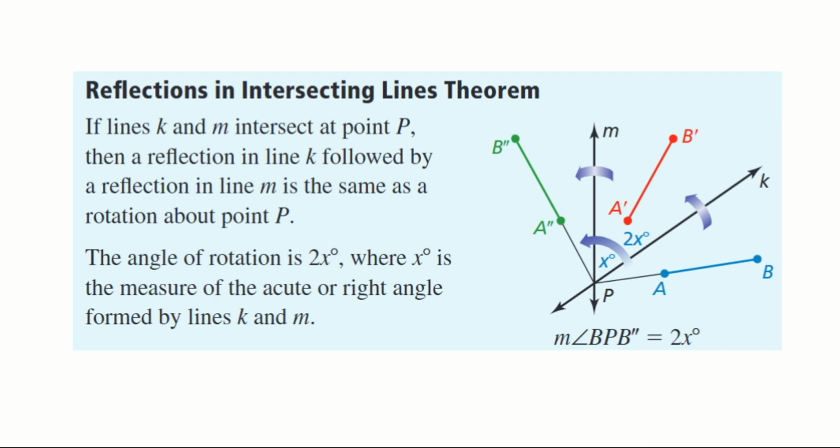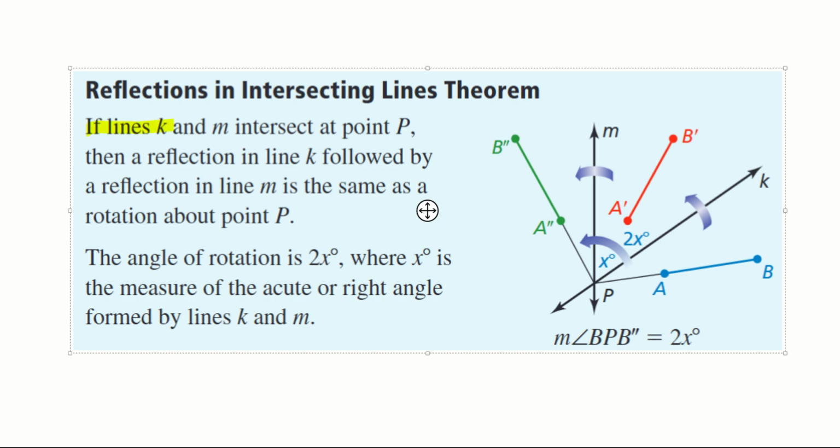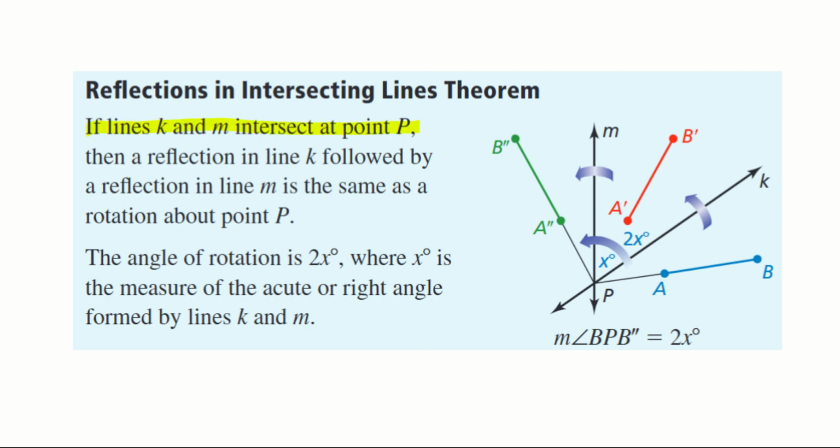Okay, so I know this is a lot to look at right here, especially that diagram with all the arrows and the X's and the A's and the B's. Let me explain, okay? It says here, if lines K and M intersect at point P, then a reflection in line K followed by a reflection in line M is the same as a rotation about point P. So a reflection, then another reflection, is just simply a rotation.